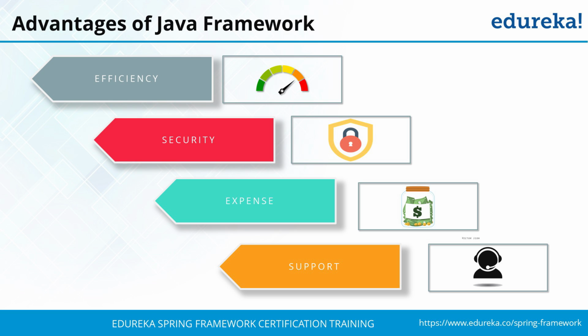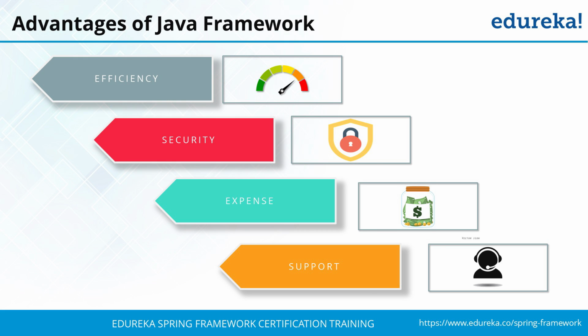The code you use will be efficient and secure. You need not pay for it, because most Java frameworks are open source, and you just need to include them in your program as a dependency and use them. Other than that, there is support in the form of documentation or various Stack Overflow threads, so it's very easy for us to manage any problem we have.